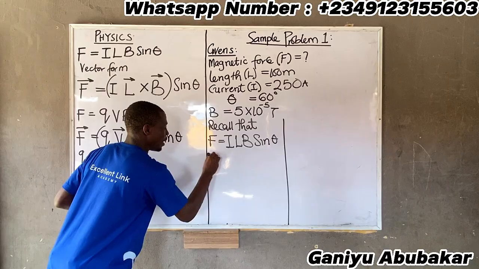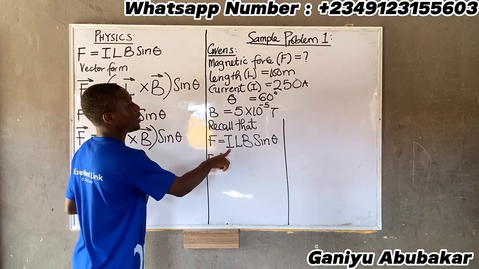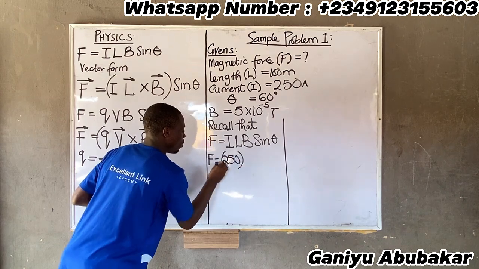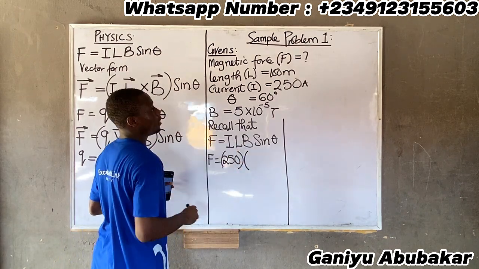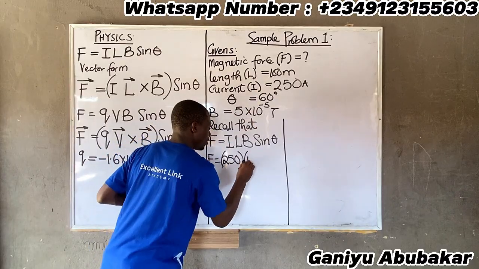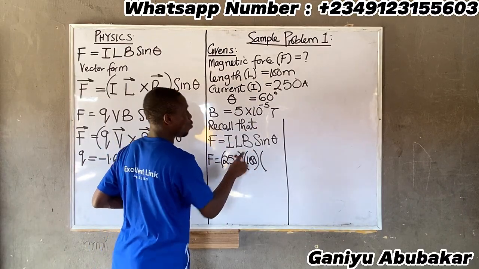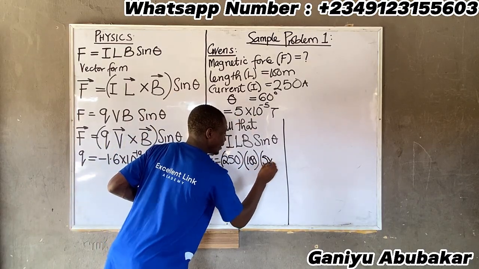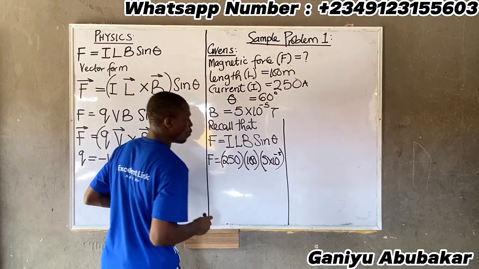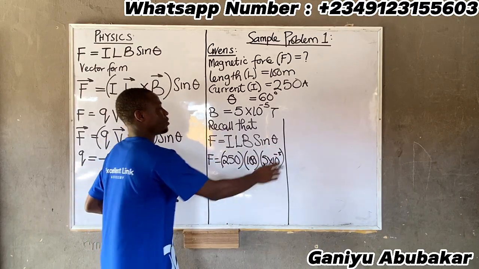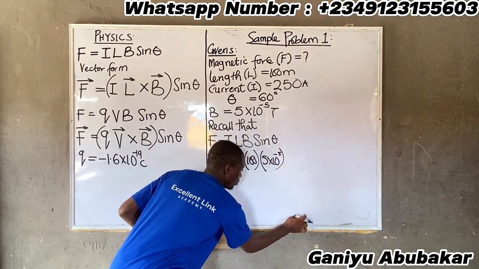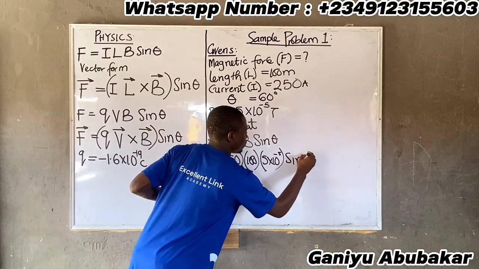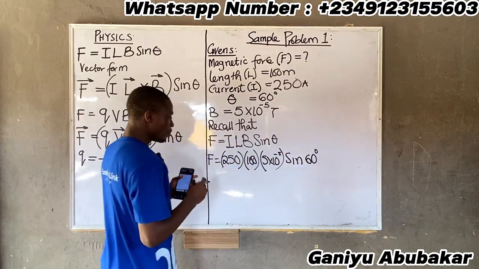So F is equal to I, which is 250, times L, that's 100, times B, the magnetic field, that's 5 times 10 to the power of minus 5. Of course, don't forget sine theta, where theta is 60, that gives sine 60 degrees.